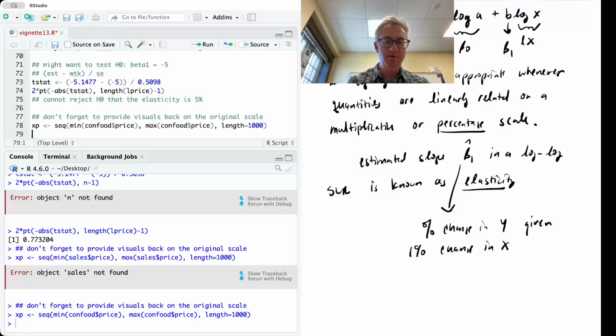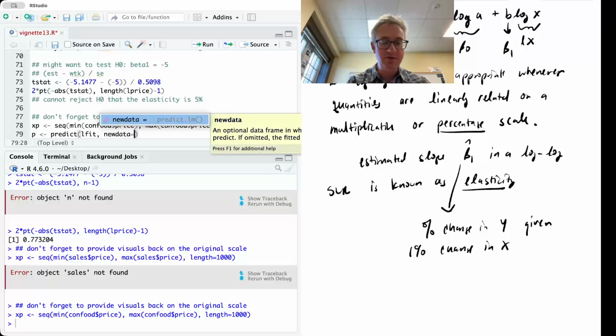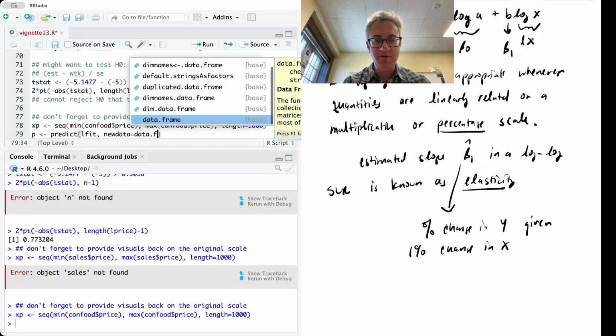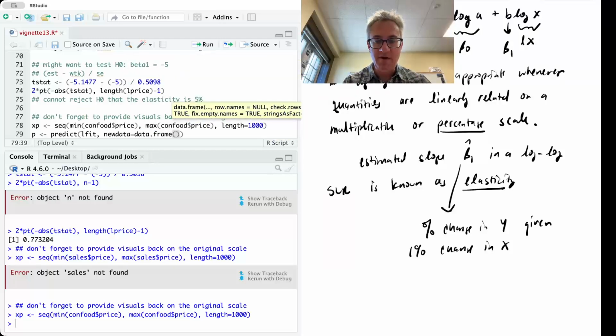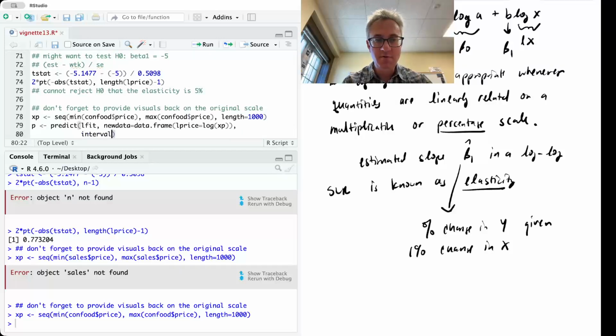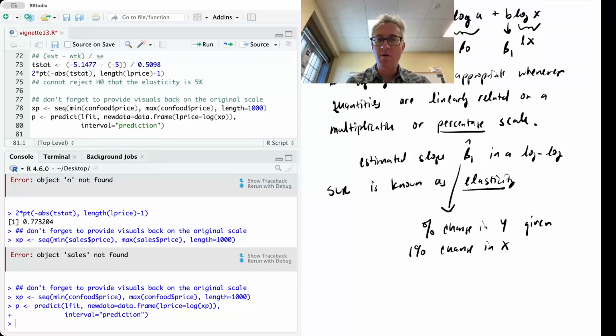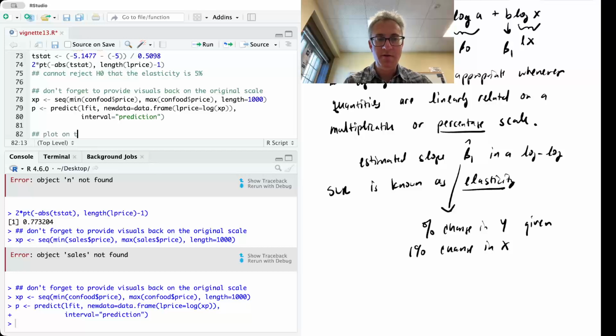Okay, and then I can do predict with lfit, newdata equals, but now I've got to give it transformed versions of that grid. So I'm going to give it lprice that is log of xp, and then interval equals prediction. Okay, so that worked.